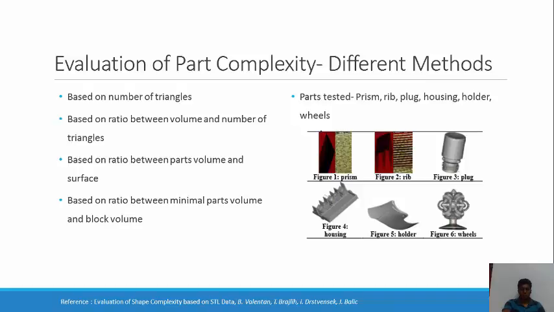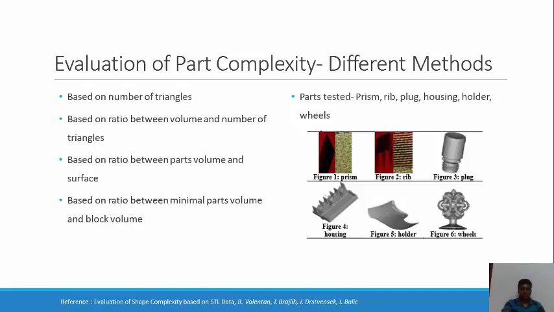A very rough evaluation of parts shape complexity can be made by examining the parts file size, which depends on the number of triangles used. The size is very closely related to the number of triangles used to describe the part in the STL file.